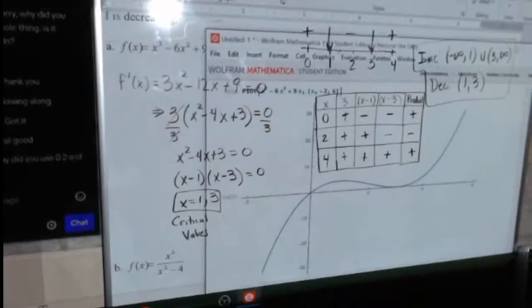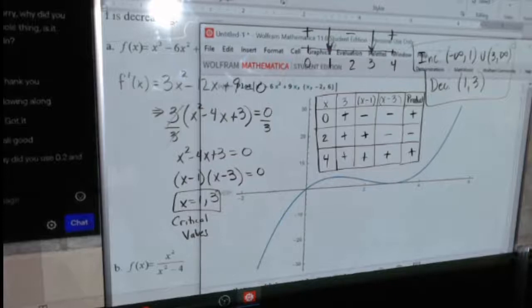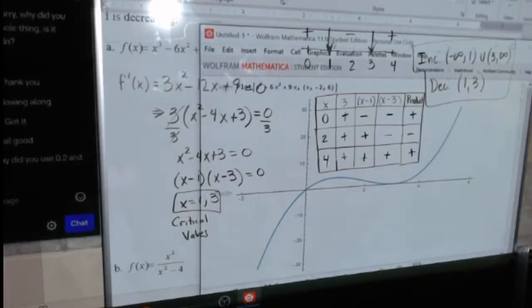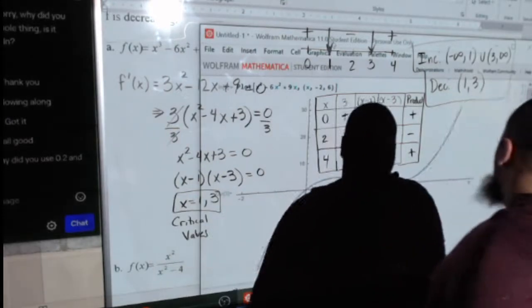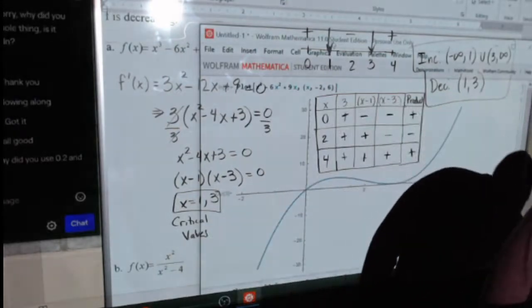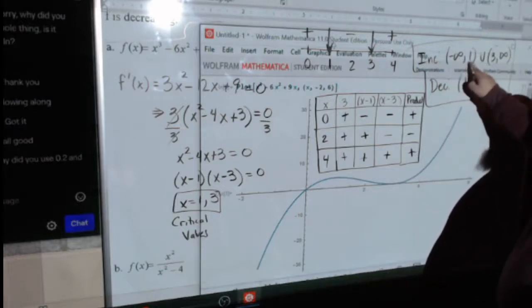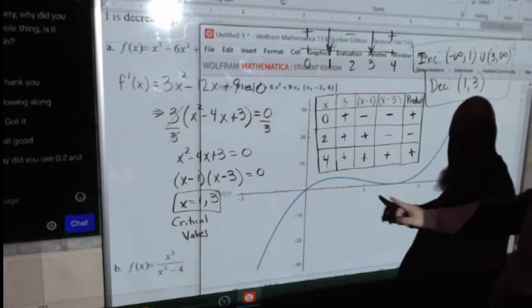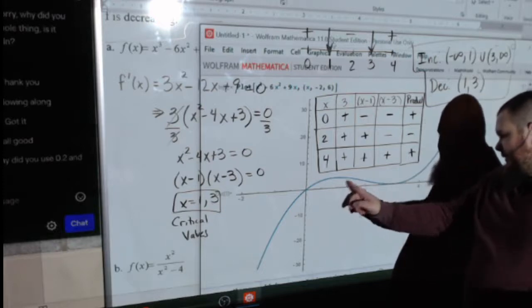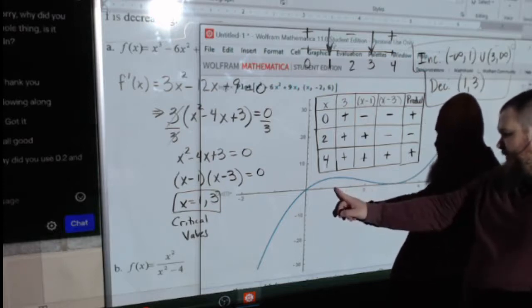So this is the plot of the function that we just looked at. We said that we were increasing from negative infinity up to 1. So every 2 ticks here is a whole number. So 1 is right here.